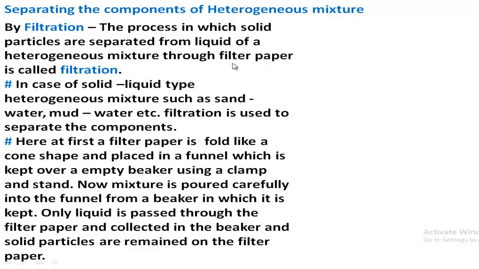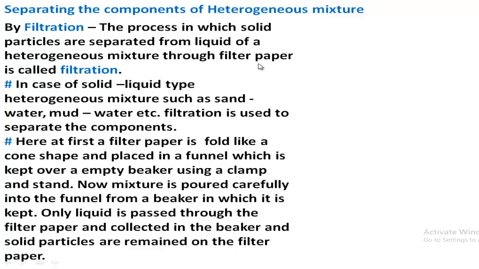What is filter paper? Filter paper is like ordinary round-shaped paper, but it is not actually ordinary paper. There is a mechanism fixed in this paper, so only liquid substances can pass through it, but no insoluble solid particles can pass through.